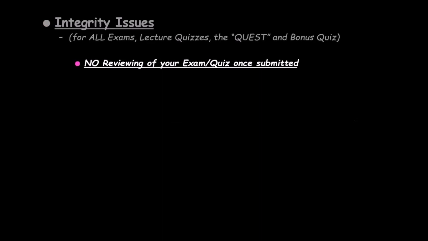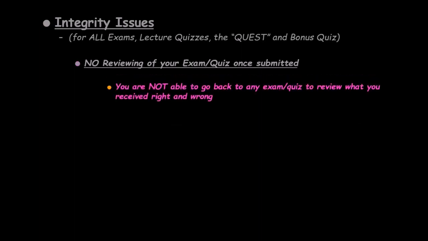Integrity issues for all exams, lecture quizzes, the quest and bonus quiz: no reviewing of any of the exams or quizzes once you submit them. The reason why is, in other words, you can't go back and review what you got right and wrong. I'm sorry about this.